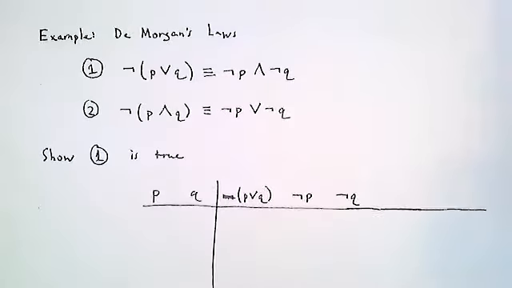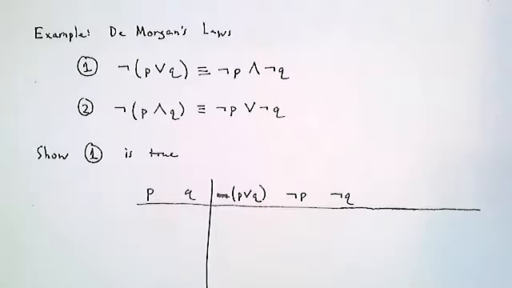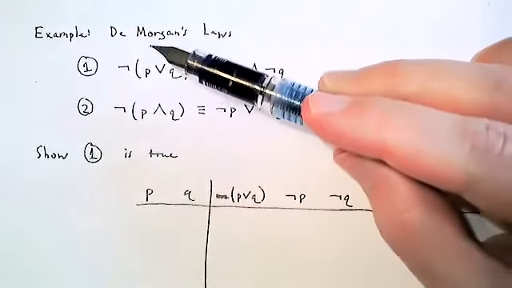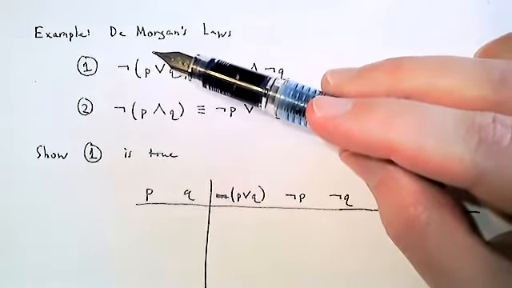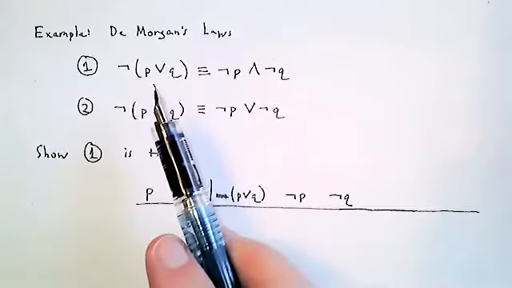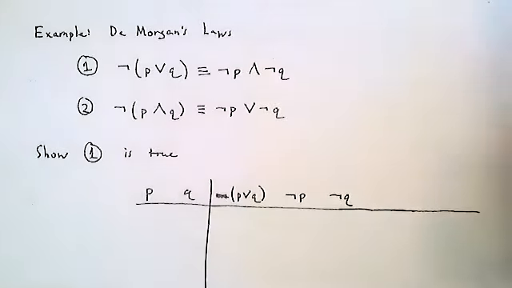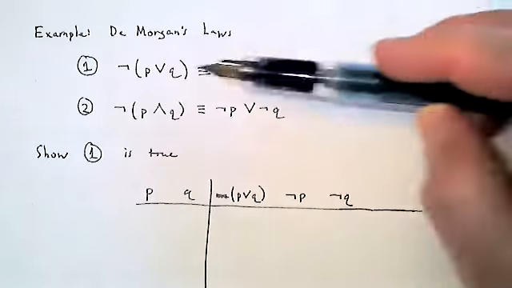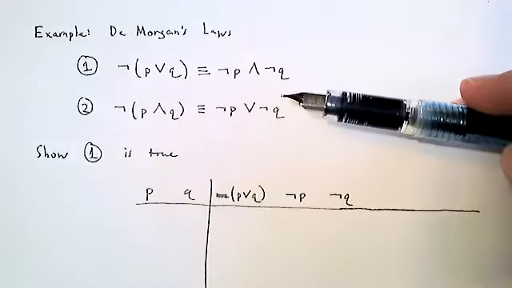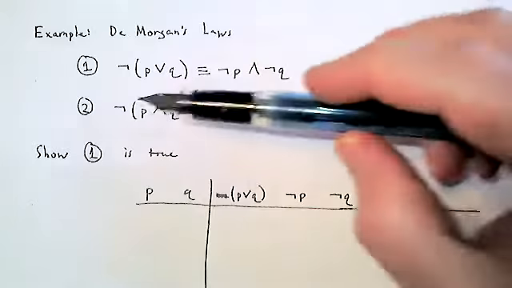Okay, good questions. So let's talk about De Morgan's laws. You might remember me mentioning this name, De Morgan, back when we were talking about some of the properties for sets, for set complements, actually. We're going to run across the same name again here in logic, and you might see that they look similar to the set properties.